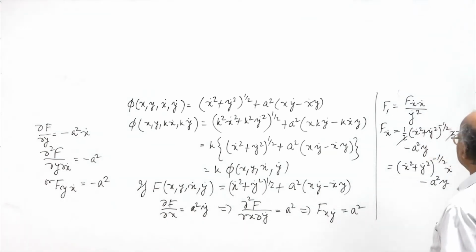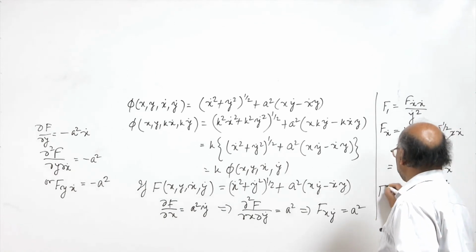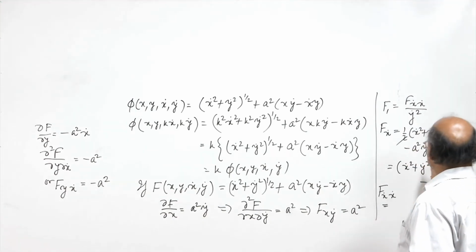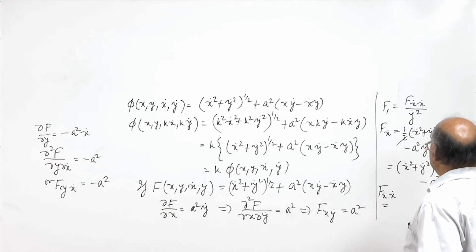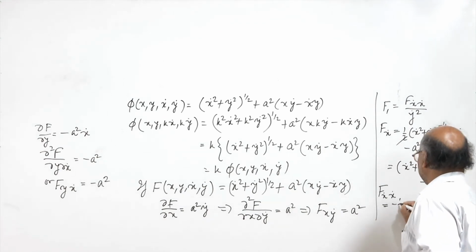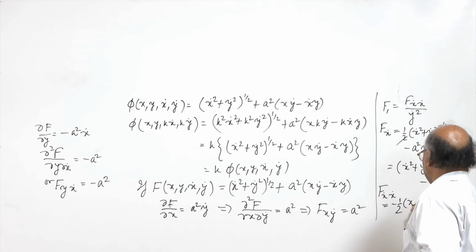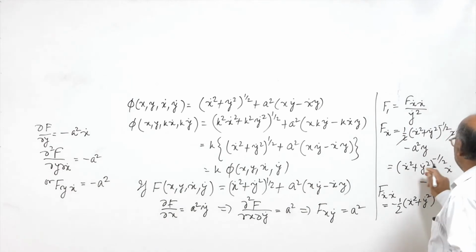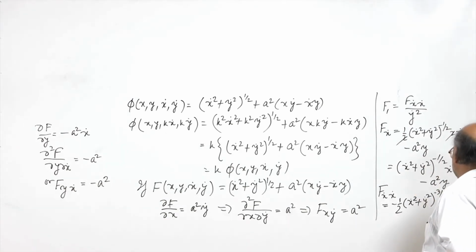Now let us differentiate it further with respect to x dot again. So f x dot x dot. Here we have a product of two functions each containing x dot. So we have to use the formula for the derivative of a product. So minus 1 by 2 (x dot square plus y dot square) raised to the power minus 3 by 2 into 2x dot into x dot. So 2 times x dot square.